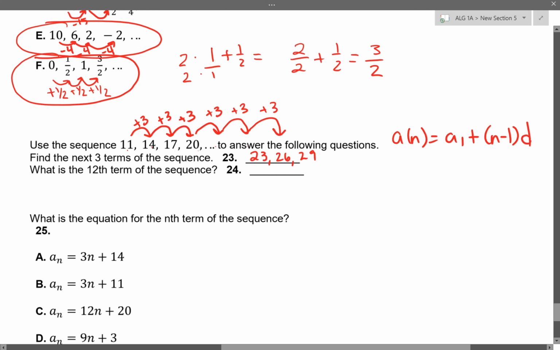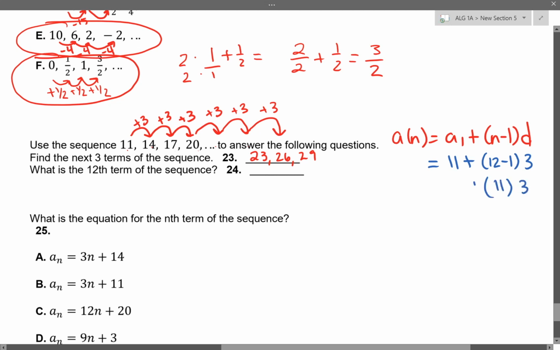So I'm trying to find the 12th term, so A1 is the 11 plus the 12 minus 1 times the difference. The difference is 3. So 12 minus 1 gives me an answer of 11.